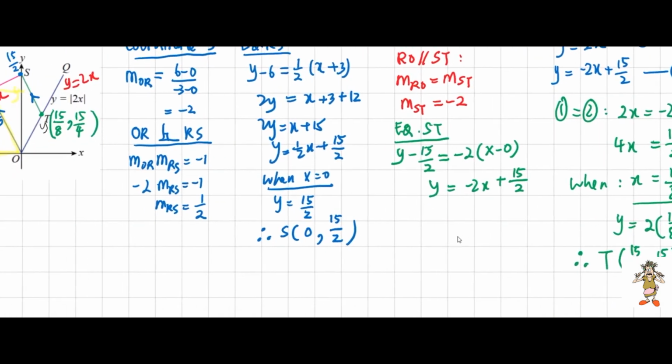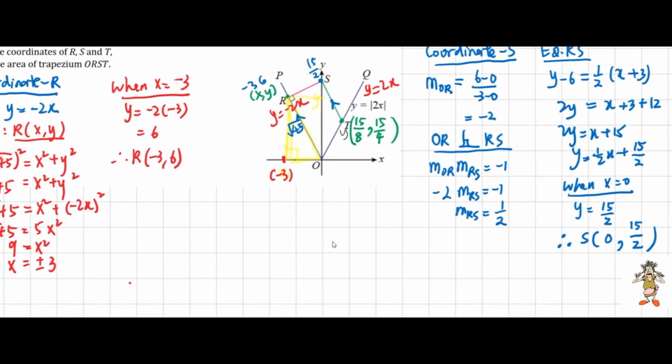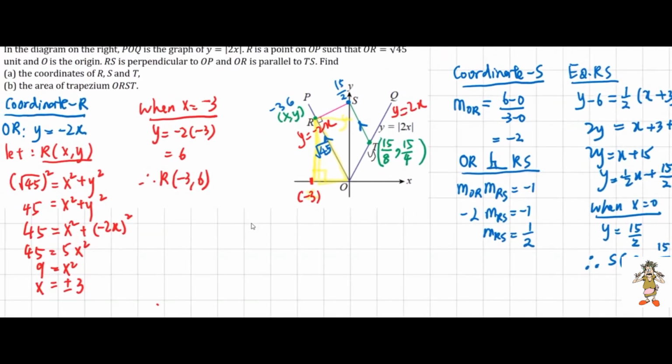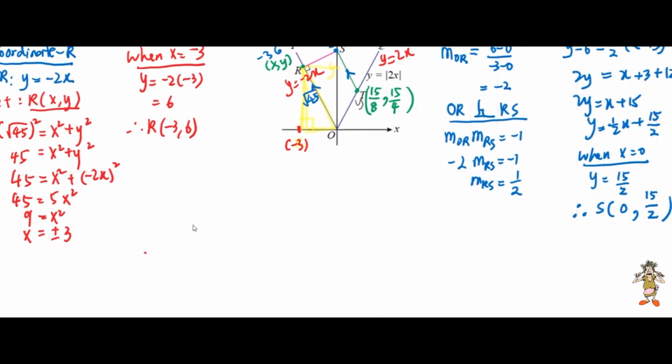Now we proceed to part B. Part B is asking for the area of trapezium ORST. The area equals, I use the polygon coordinate method.